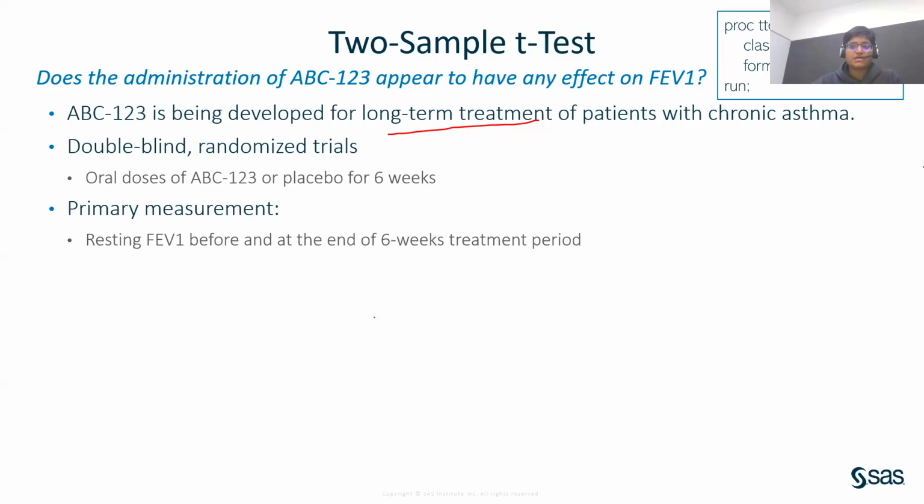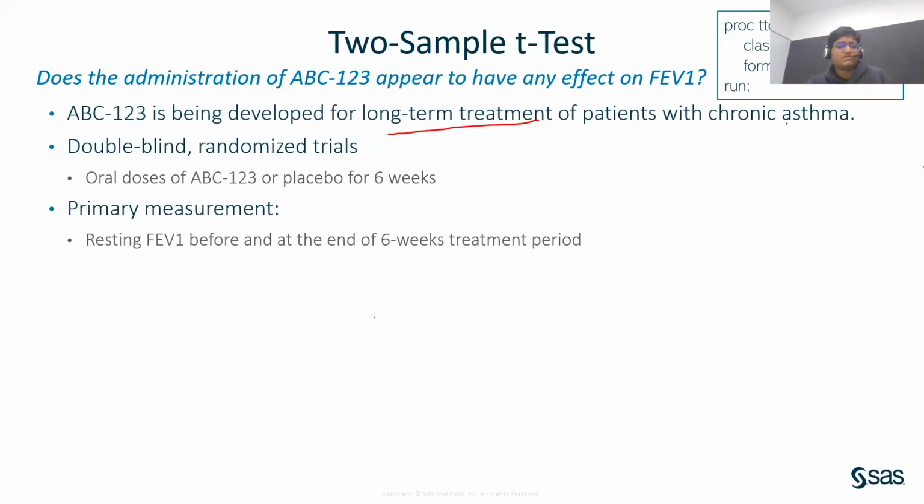So that becomes your 2 groups under the CLASS statement. You would want to compare the change variable. Change is the difference between the FEV1 prior to the treatment and the FEV1 at the end of 6 weeks. The difference between those two values is captured as part of this change variable. The FORMAT statement is a very generic statement that has been applied, so you can keep that aside.